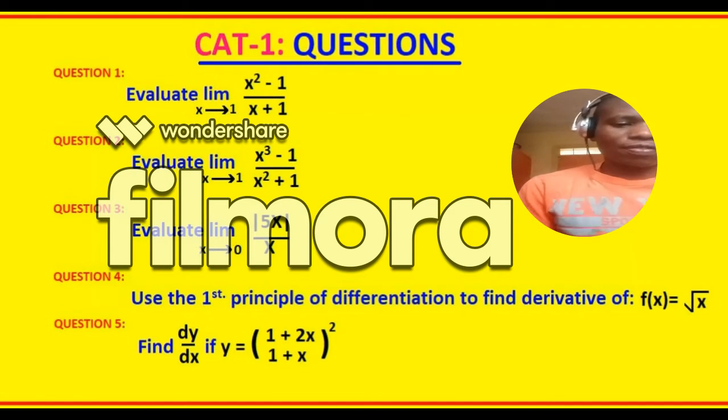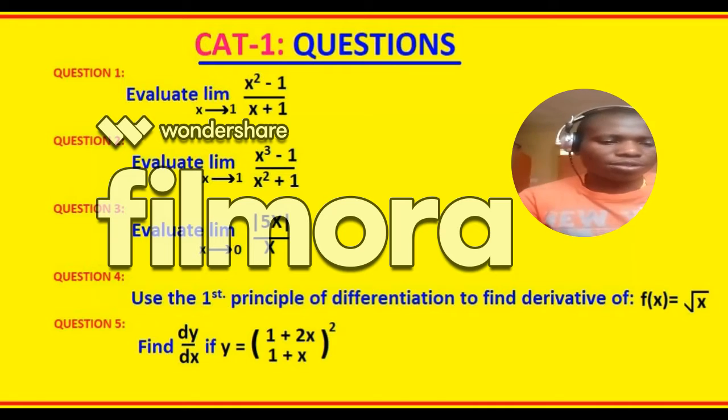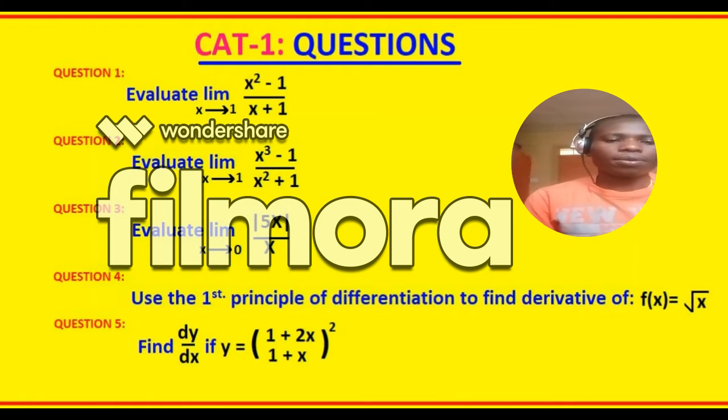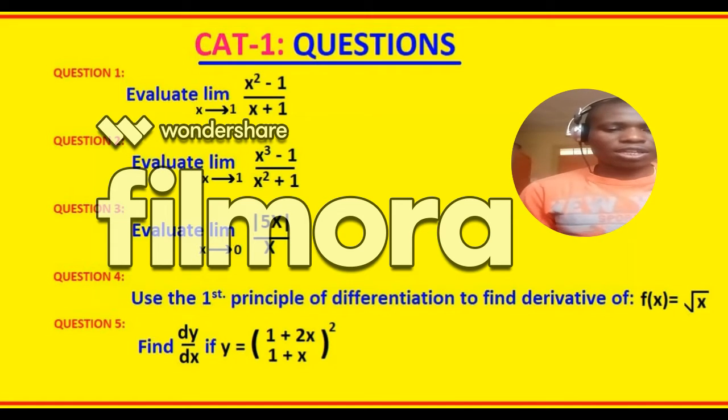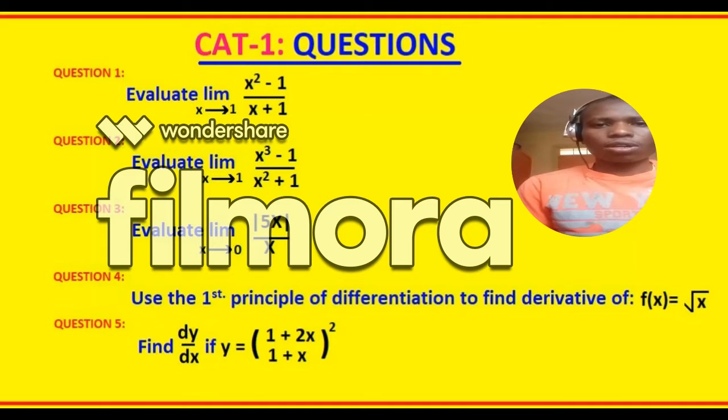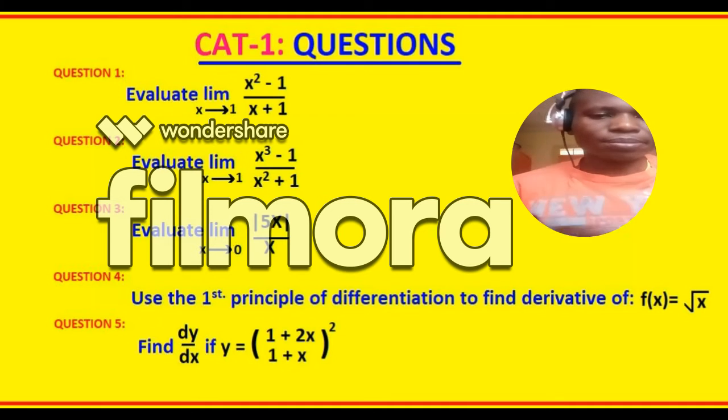The fifth and the very last question goes: find the gradient function, that is dy over dx, of the given function here, and the function is y equals (1 plus 2x) all over (1 plus x) in bracket squared.